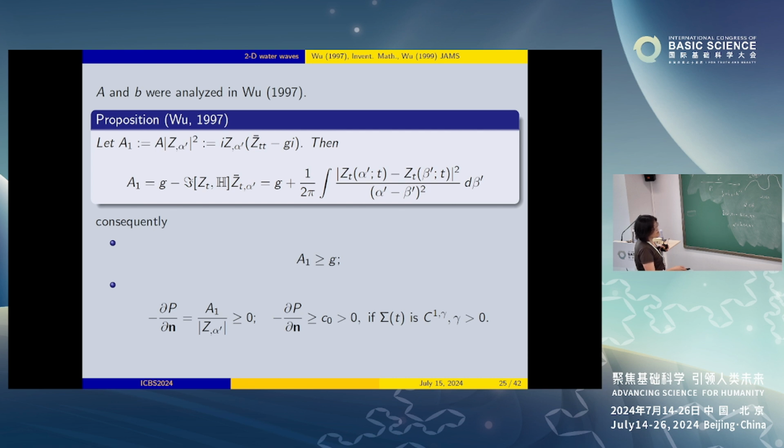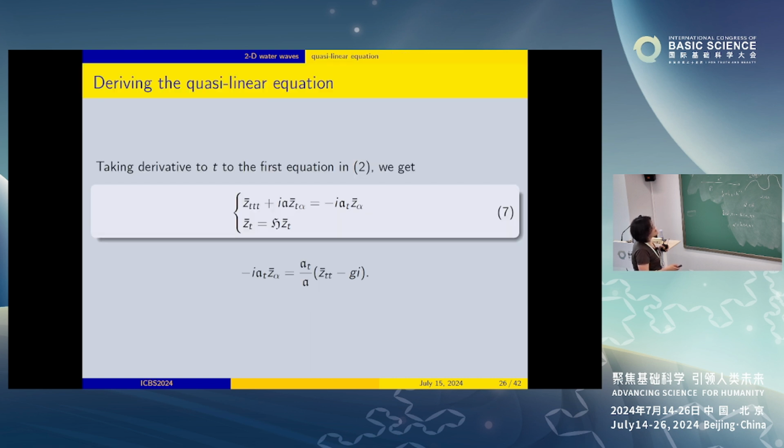In fact, A1 is greater than or equal to G, which is positive. If 1 over Z alpha is never 0, like it's C1 gamma, 1 over Z alpha is bounded above and below, so it has a positive lower bound. This is how we prove that the Taylor sign condition always holds.